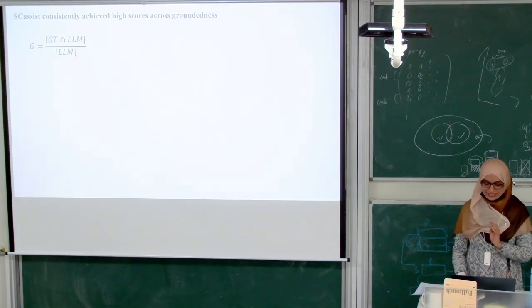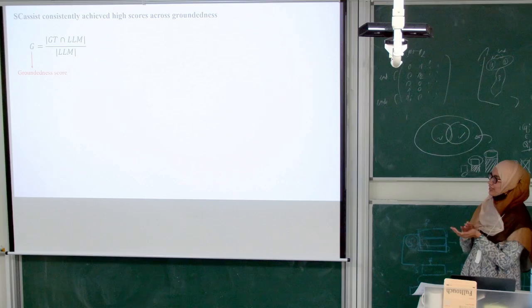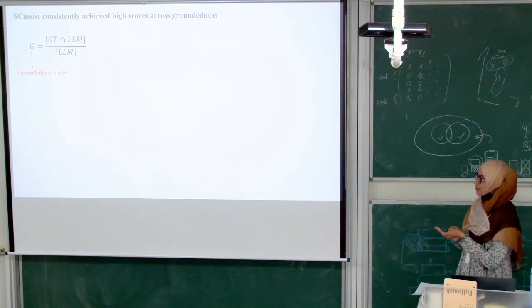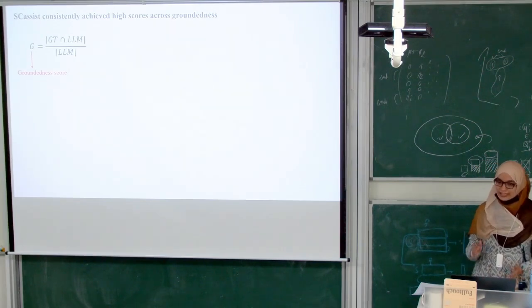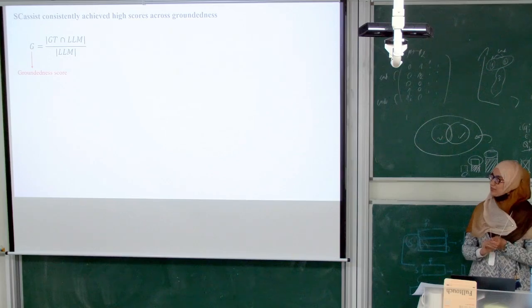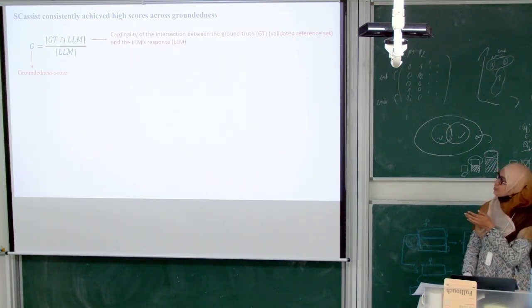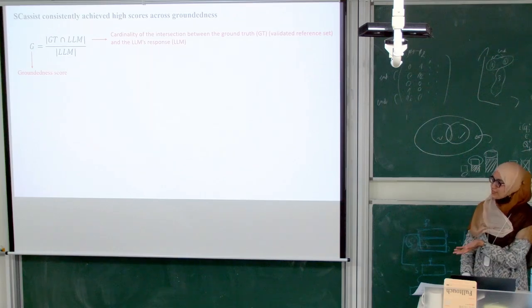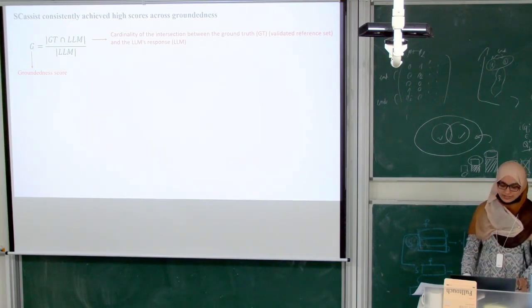So they measured the groundedness. What is groundedness? They tried to measure how the LLM's results differed from the original results, because LLMs can hallucinate and produce wrong results. So they created the ground truth based on a validated reference set of results, and the LLM's is the response from single cell assist.